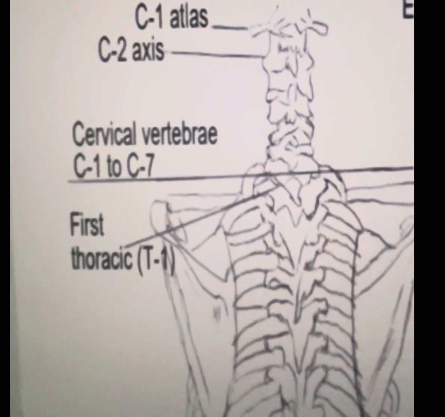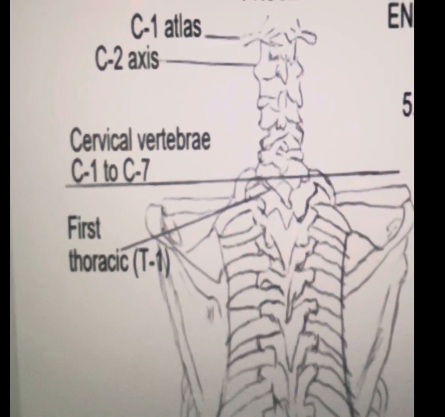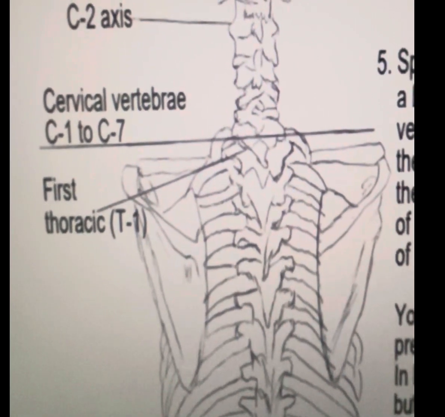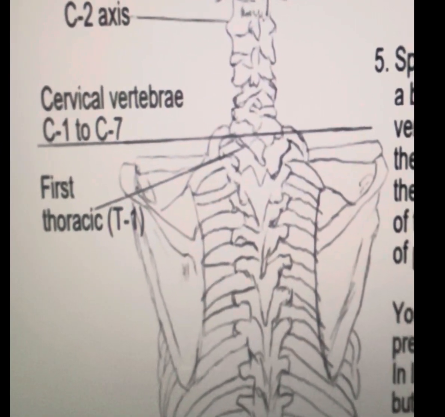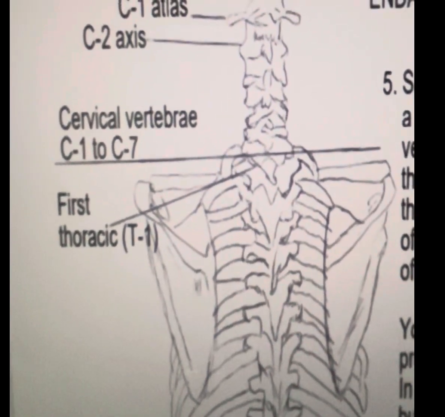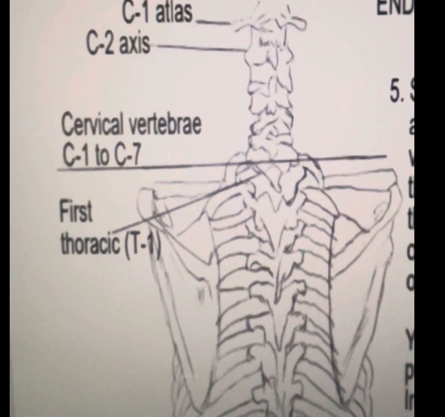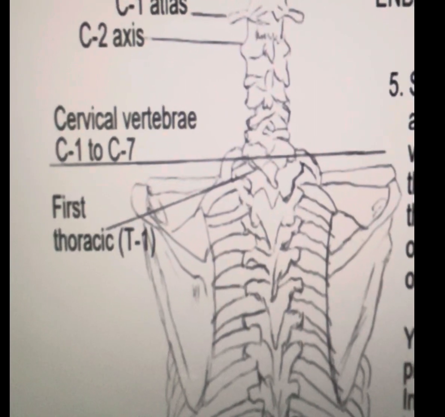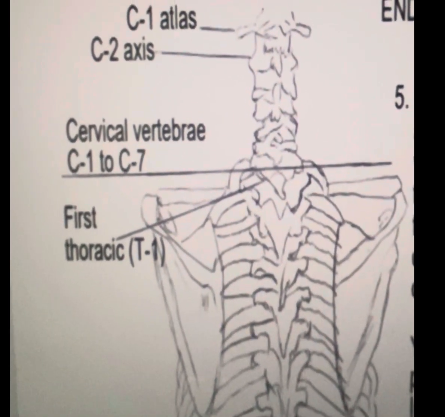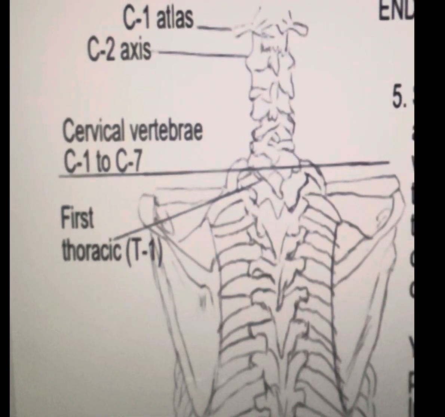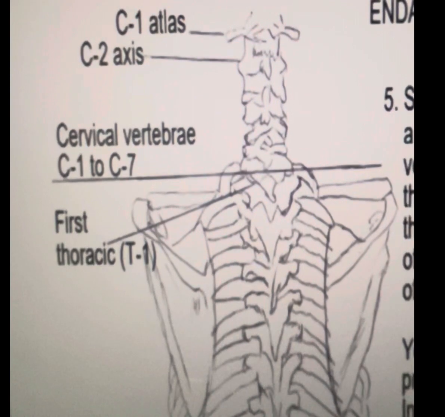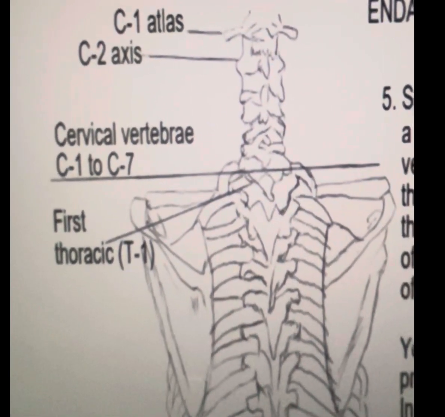Next one is the spinous process. The spinous process lies throughout the spine. It's a bony projection of the posterior of each vertebra, also known as the backbone. The spinous process protrudes where the laminae of the vertebrae join and provides the point of attachment for muscles and ligaments of the spine.